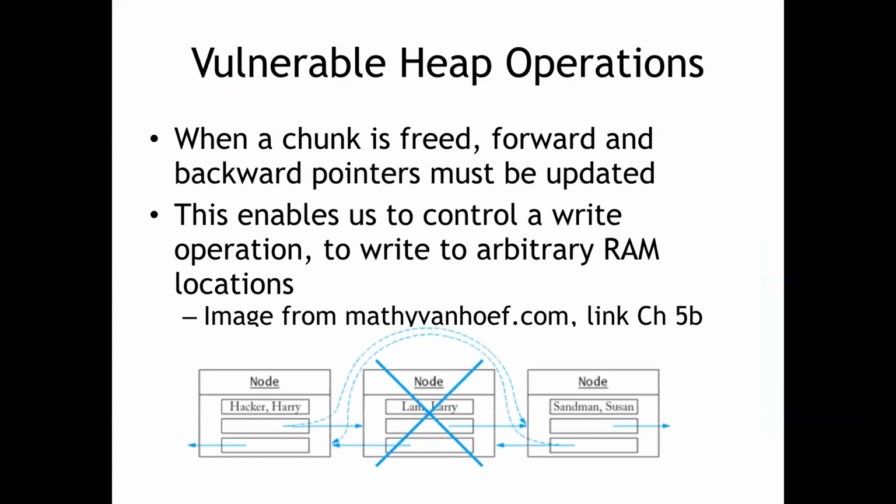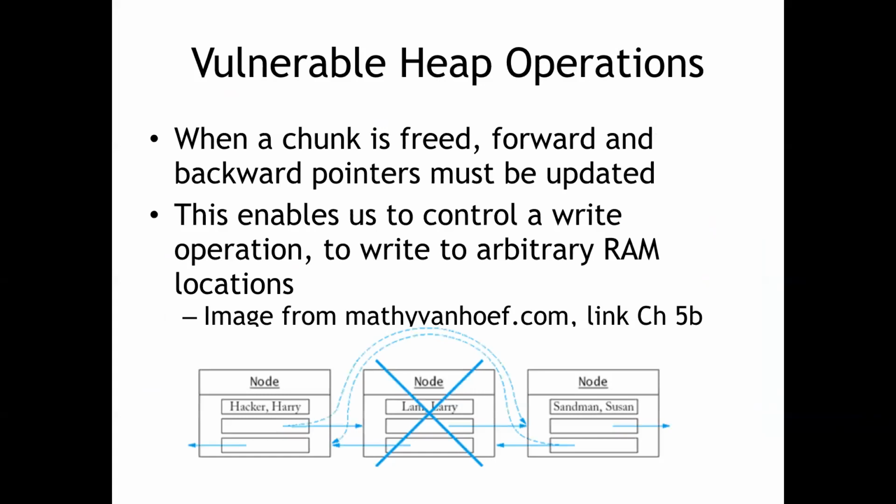So suppose you do free the one in the middle. When you free the one in the middle, you mark this data available, and then you have to update the pointer from the Harry node to point to the Sandman node. So you have to change a forward pointer here, and you have to change a reverse pointer from this one back to skip over that spot. So this means the free command involves two write operations.